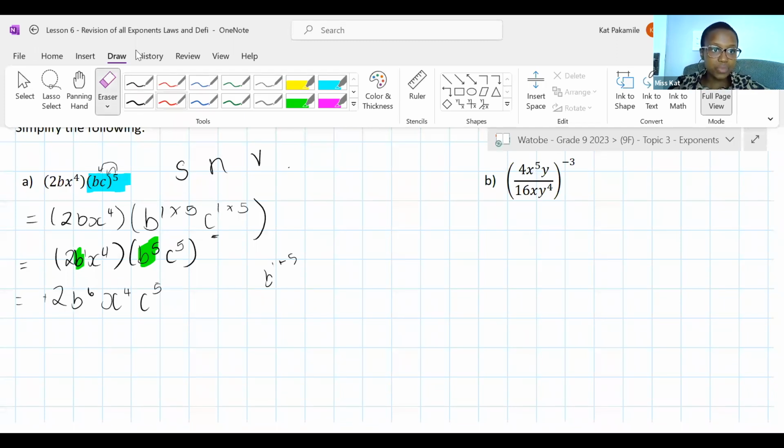The first bracket has a b to the exponent of 1, and we have multiplication, a b to the exponent of 5. Law number 1 says, you have the same base, we are multiplying, so we add your exponents. So you're going to say b to the 1 plus 5, which is where we come from when we say it's b to the exponent of 6. I hope I explained it properly.